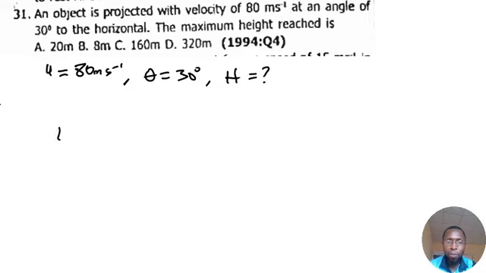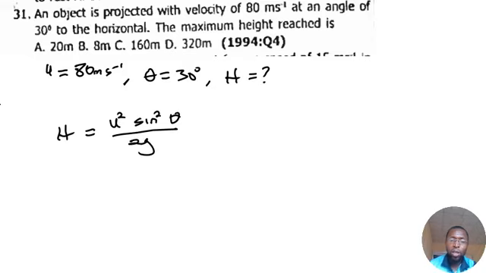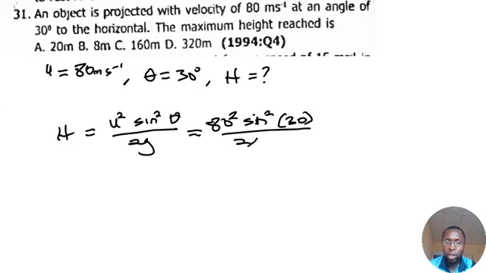So by formula, maximum height is u squared sine squared theta over 2g. That's the maximum height formula. So our u is 80, so 80 squared sine squared, our theta is 30, then over 2 times g, g is 10. So 80 squared means 6400.